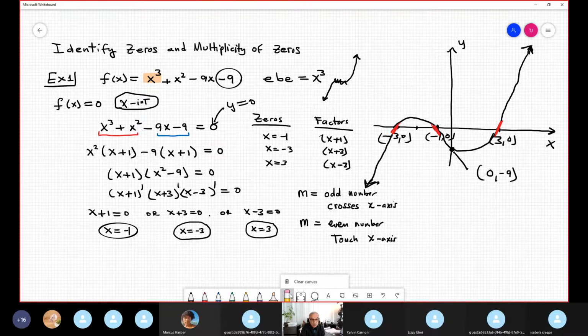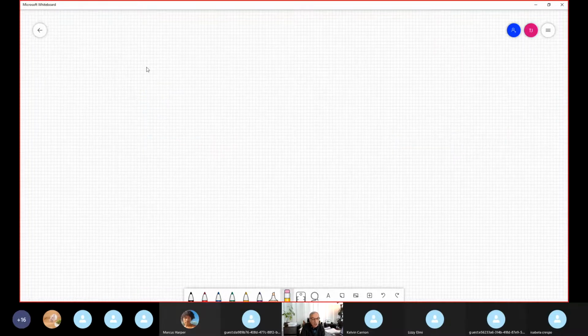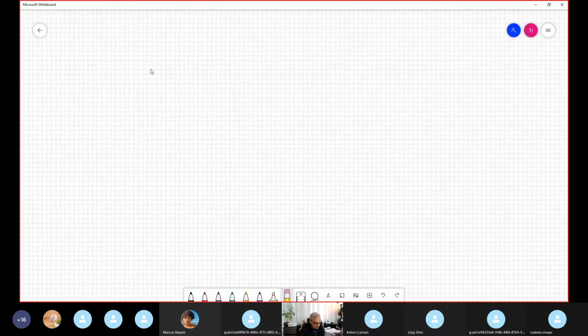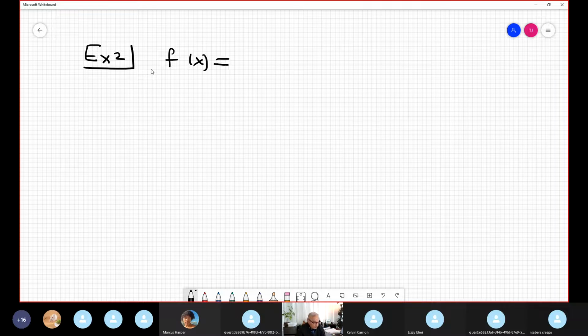In example 2, you see when it touches, and we study everything together, including end behavior. We have the polynomial f of x equals x to the 4th power minus 4x to the 2nd power.